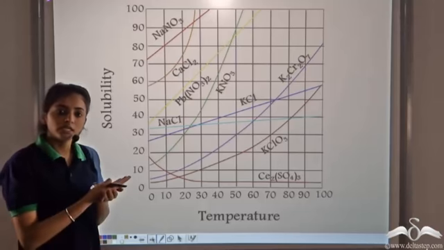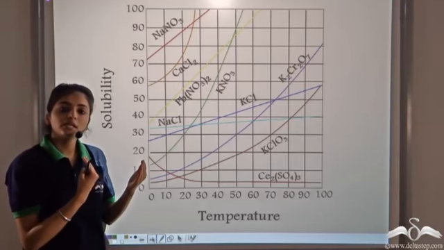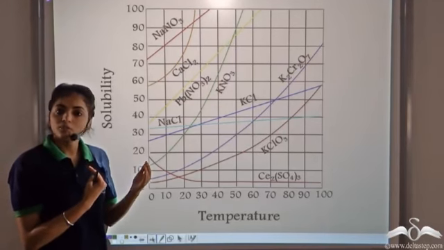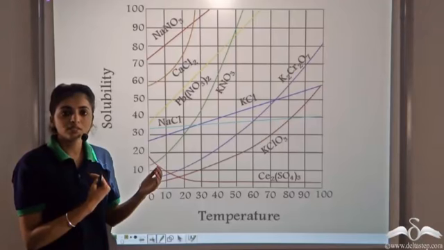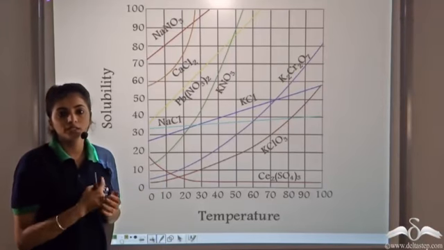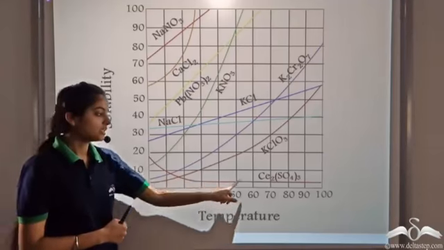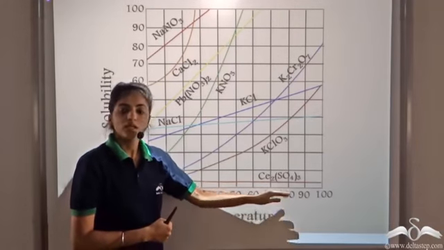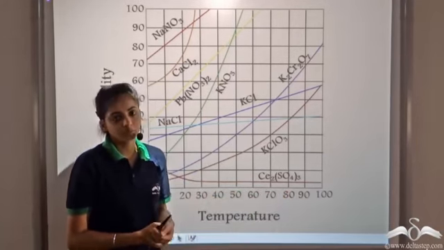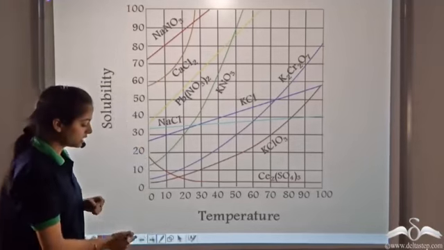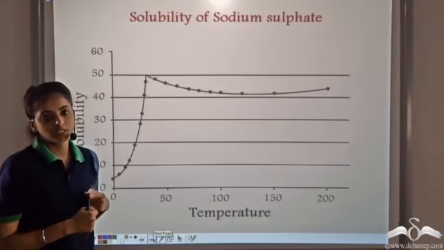This is because as we increase the temperature, there is greater intermolecular space between the solvent particles. So a greater number of solute particles can now be dissolved. But there is an exception in this case. Cerium sulfate shows lesser solubility with increase in temperature. Another exceptional case is sodium sulfate.